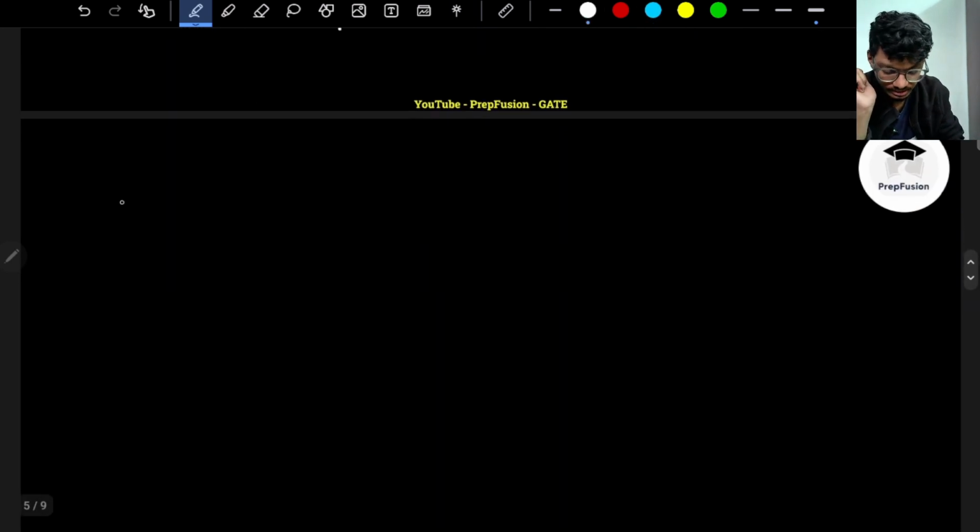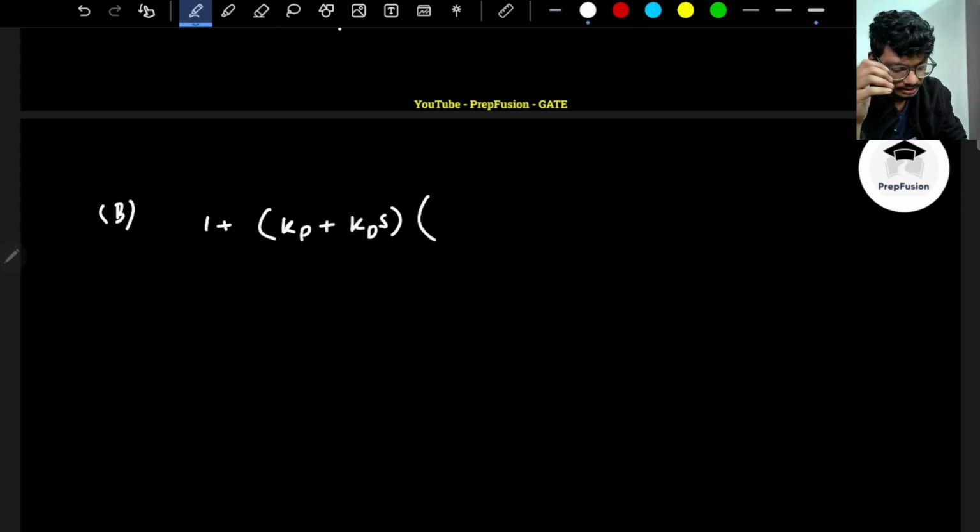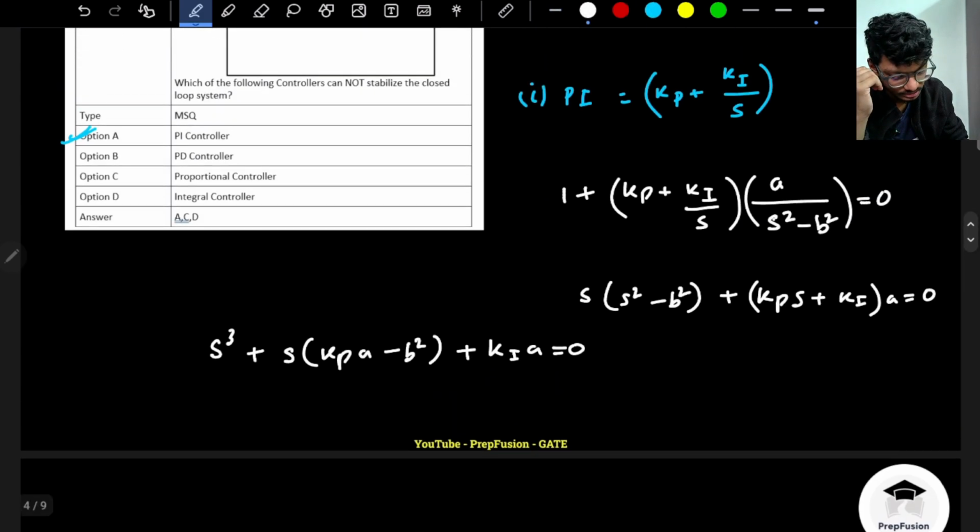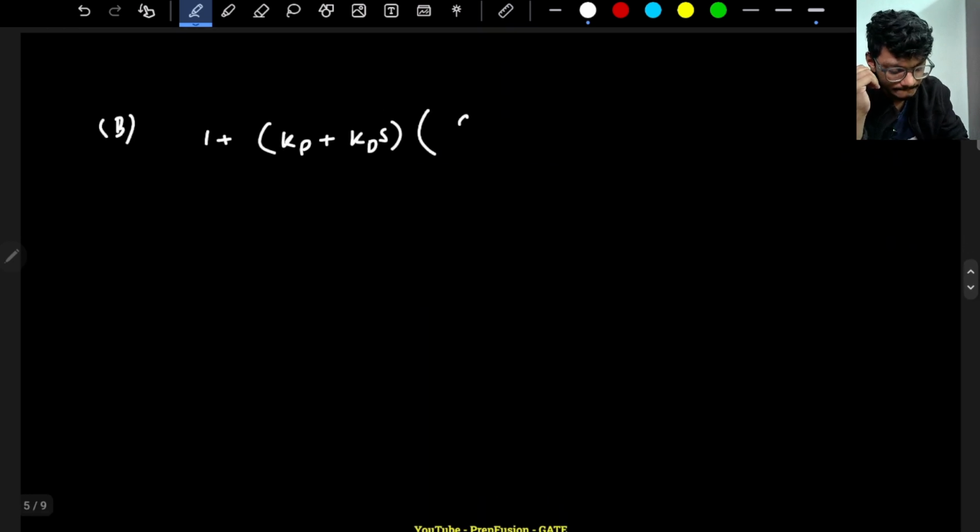If I check for the PD controller, for option B, I will directly write that my controller transfer function will be Kp plus Kd into S. So with A divided by s square minus b square, this equals 0. Okay, so now I will write this properly.